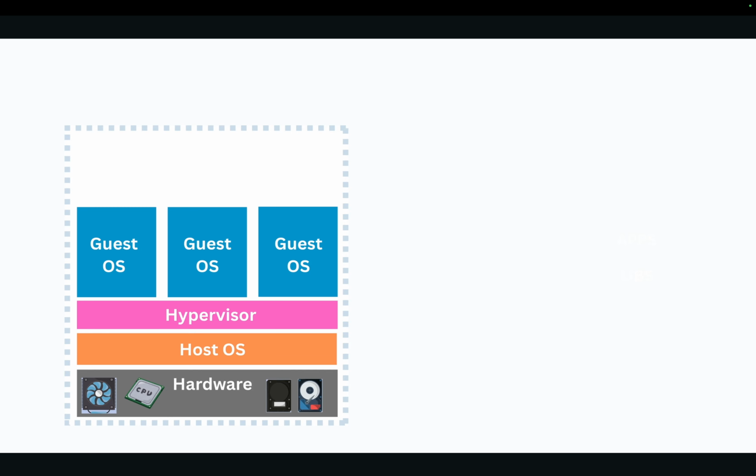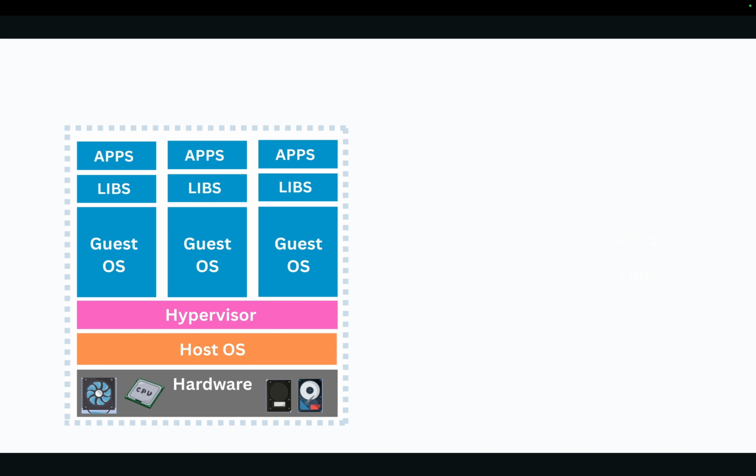And then running inside these guest operating systems, we have our applications as well as any other libraries or runtime environments. You will recall from the previous video that running multiple guest operating systems is very costly in terms of resources. It can cause large-scale duplication if many copies of the same operating system are used. It also means that because each virtual machine needs to start up its own operating system, there's added overhead in terms of startup and restarts, although this is less than a physical server.